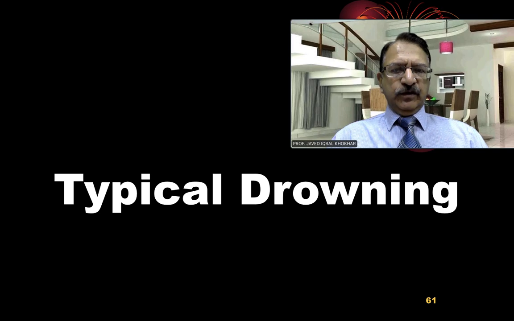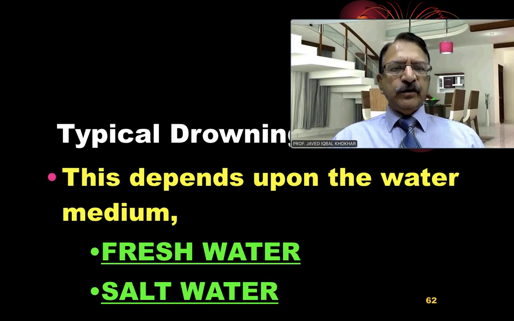The typical drowning. Typical drowning depends upon the water medium, that is either it is fresh water in the canals, in the rivers, and then the salt water, that is the sea. In both, the process of drowning will be different.